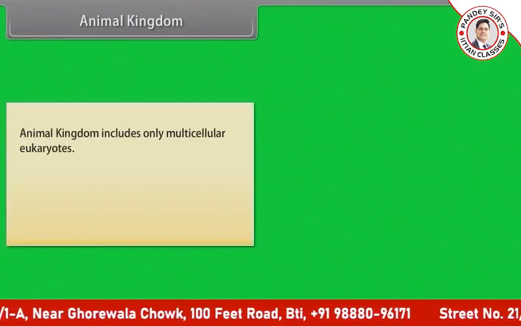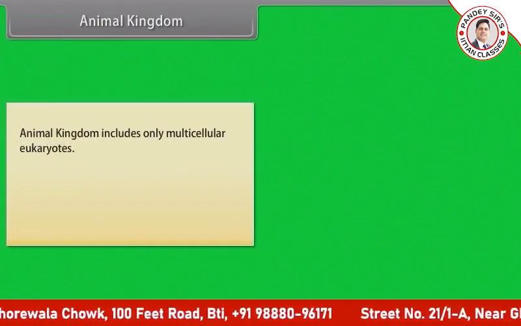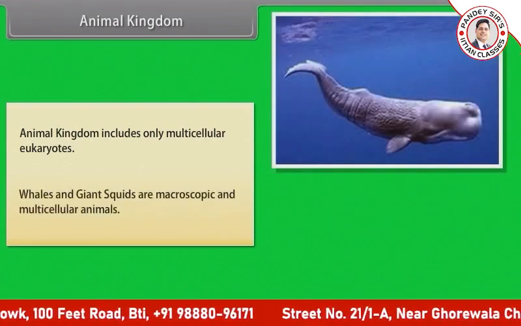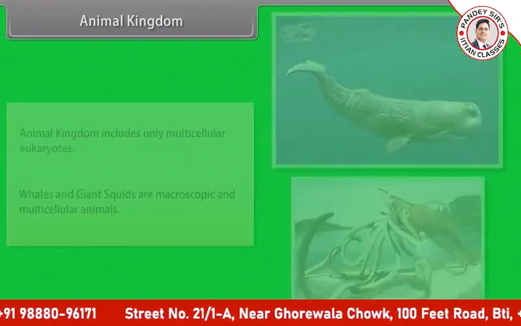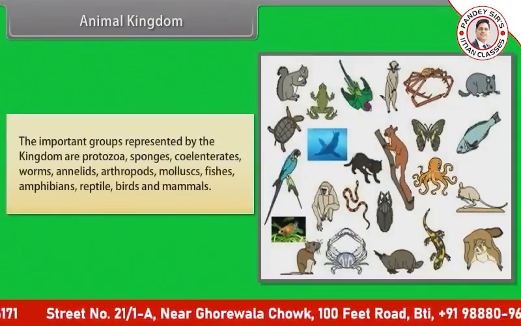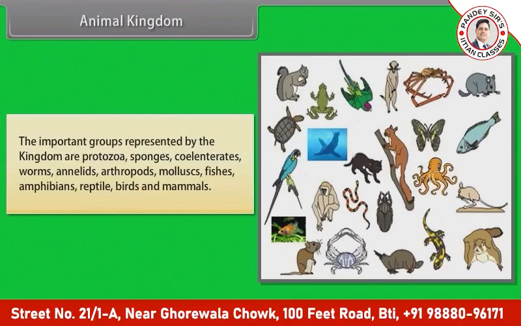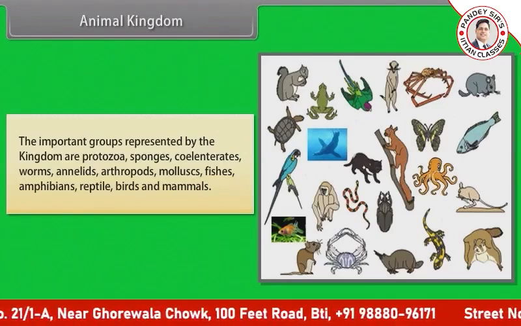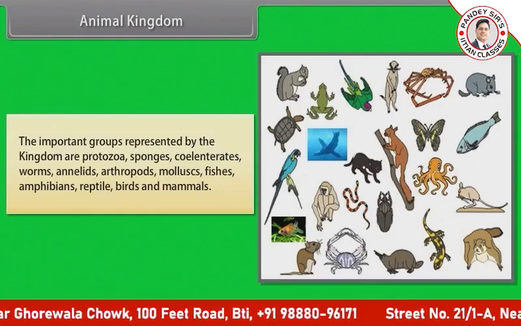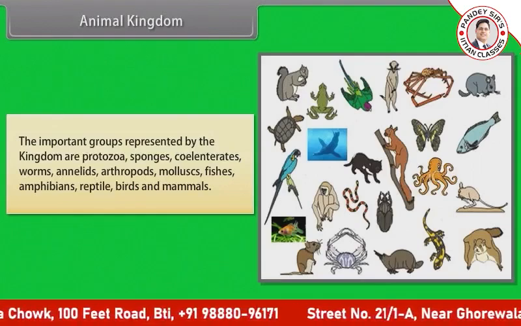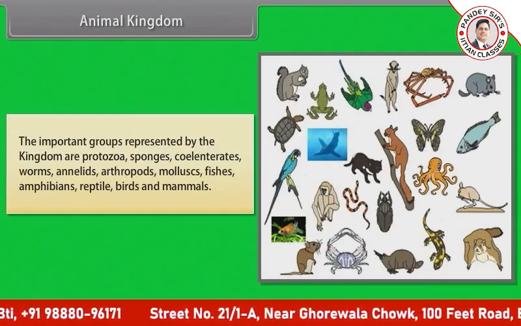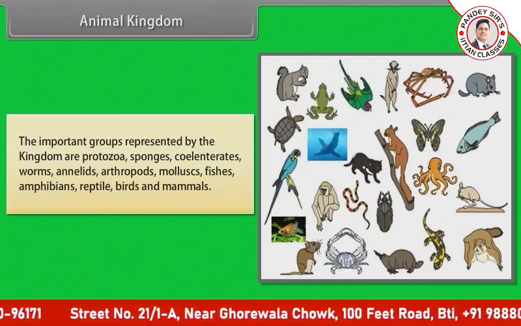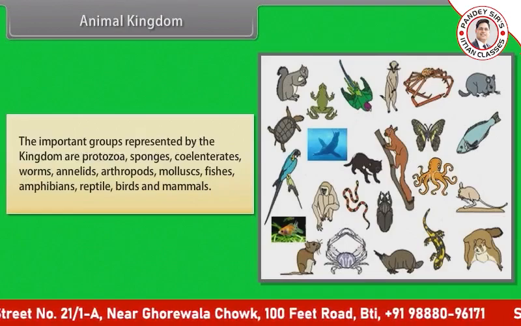Animal kingdom. The animal kingdom includes only multicellular eukaryotes. Whales and giant squids are macroscopic and multicellular animals. The important groups represented by the kingdom are protozoa, sponges, coelenterates, worms, annelids, arthropods, mollusks, fishes, amphibians, reptiles, birds and mammals.